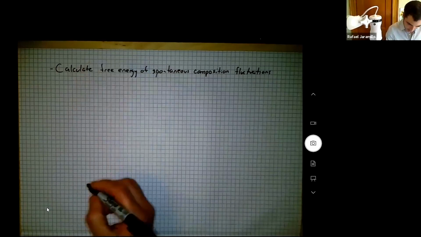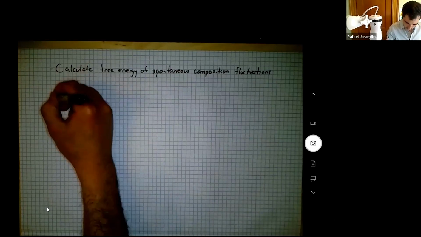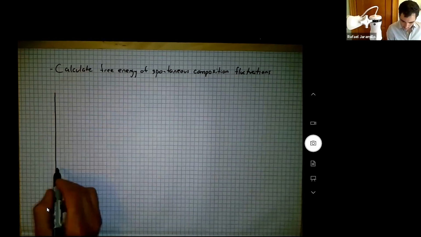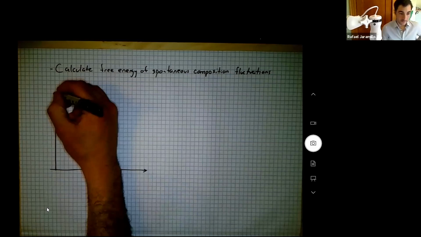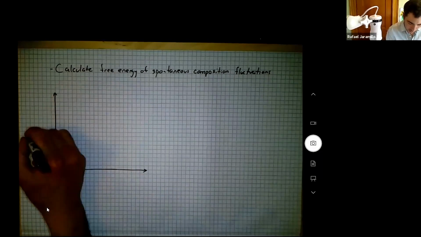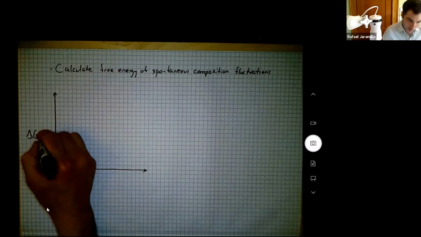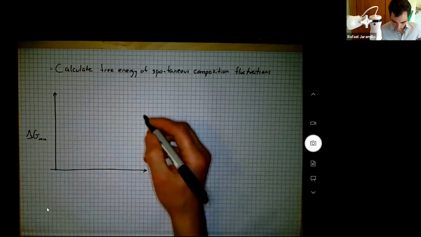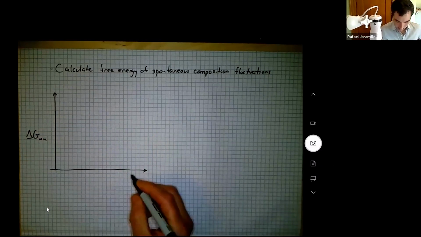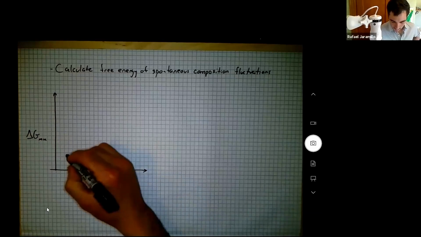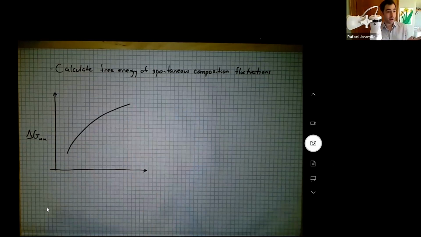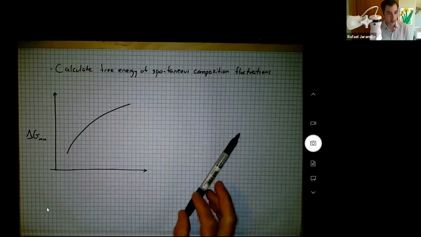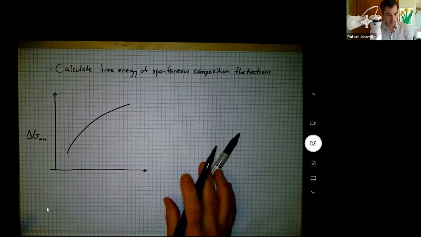And let me draw the plot. So this is the way I want you to think about it. We have delta G of mixing, and this x-axis here is x2, and we have some segment of a curve. We're zooming way in right now. We're not looking at the whole solution model. We're just zooming way in and looking at a segment of this curve.